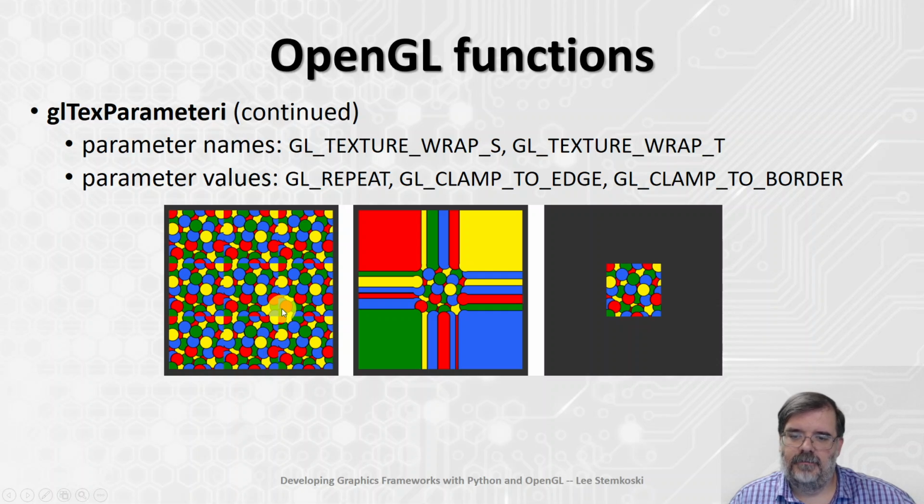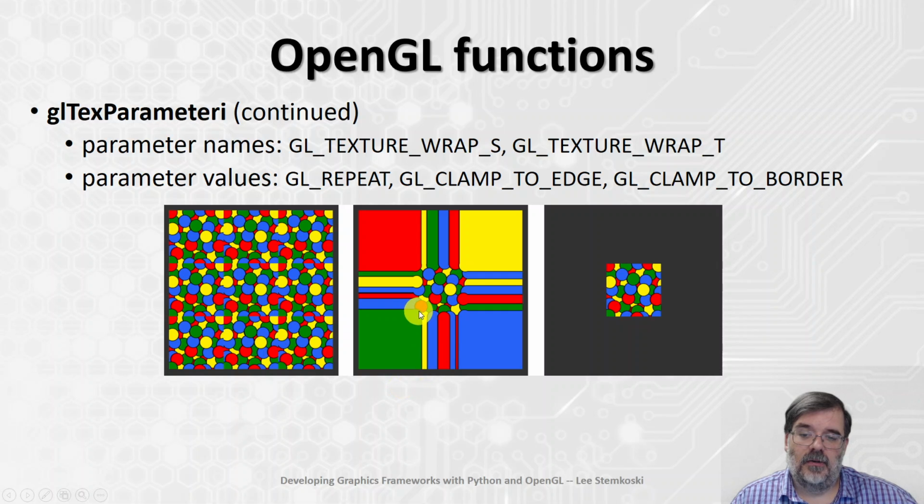That's one possibility. The next possibility, if UV coordinates go outside the range 0 to 1, you could just clamp them to the nearest value. That is to say, UV coordinates greater than 1 become 1. UV coordinates less than 0 become 0. It's called clamping to the edge, and that would result in a texture like this.